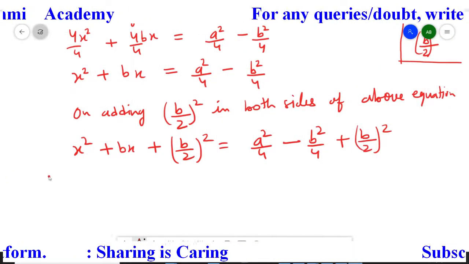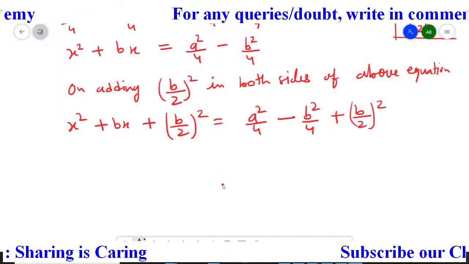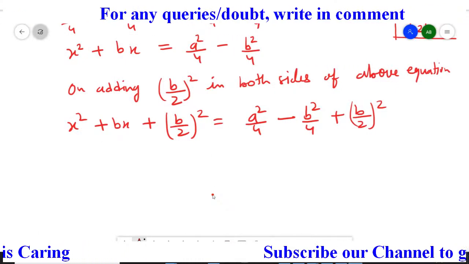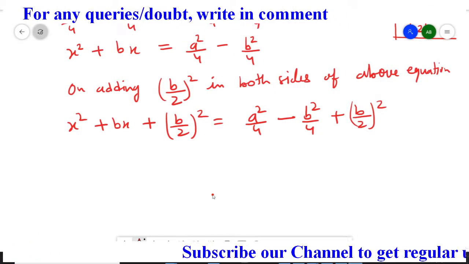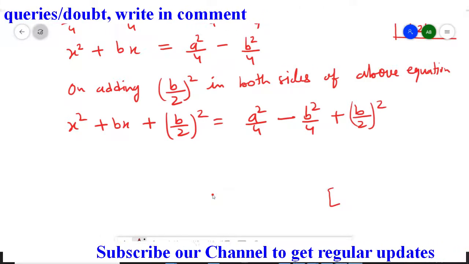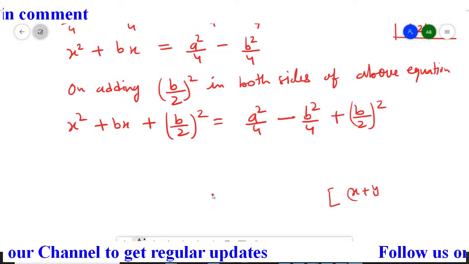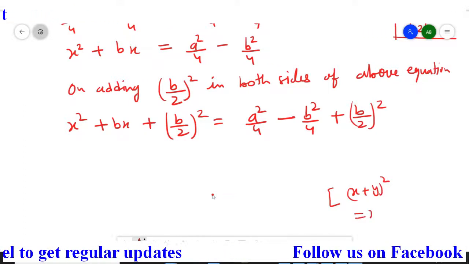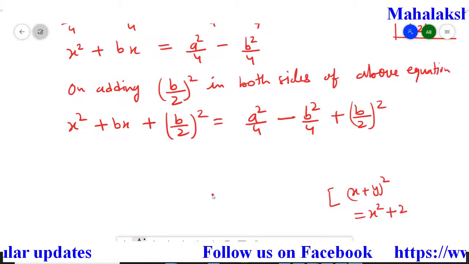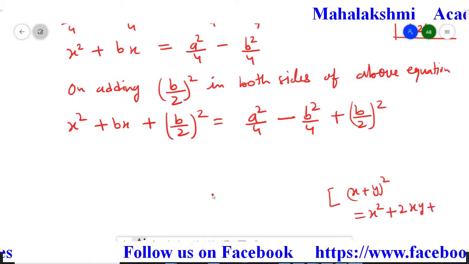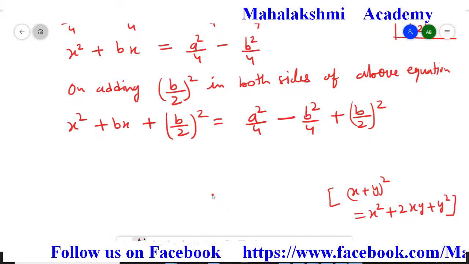Now first I just want to explain one formula. The formula of (x plus y) whole square is x square plus 2xy plus y square. You all knew it already.